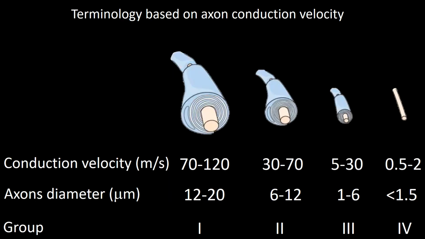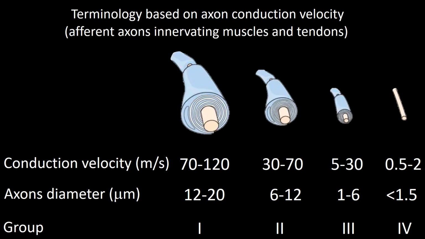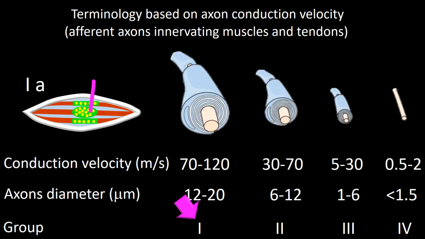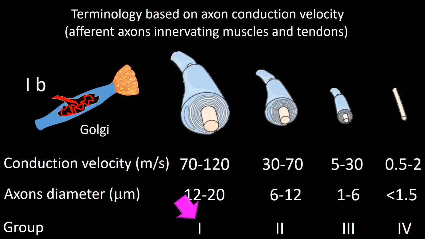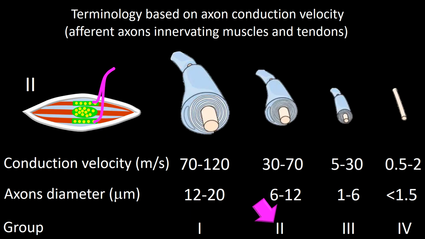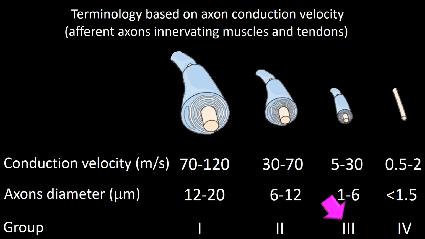Traditionally, this terminology based on axonal conduction is used for afferent axons in muscles and tendons. Group 1 is further divided into 1A fibers for annulospiral endings and 1B for Golgi tendon organs. Flower spray endings afferents are type 2 fibers.